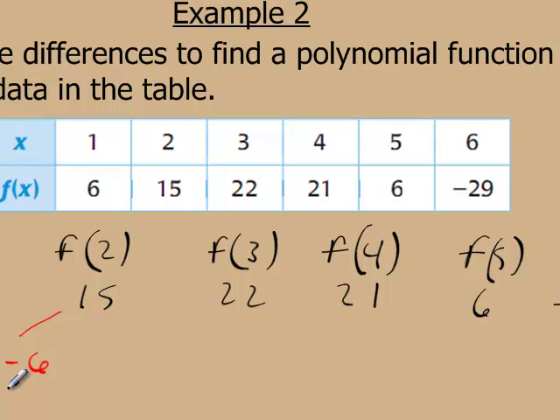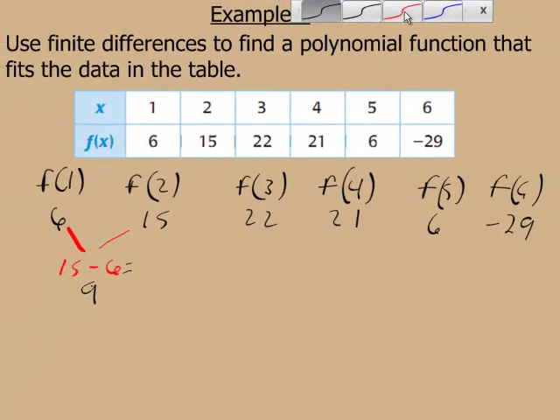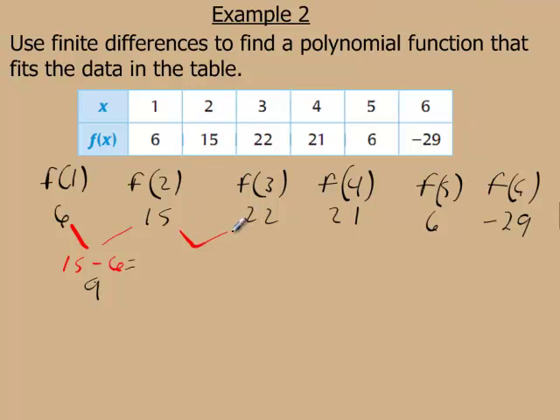Then I'm going to do this through the whole thing, from left to right. So 22 minus 15 gives me 7. So I'm going to write down 7.